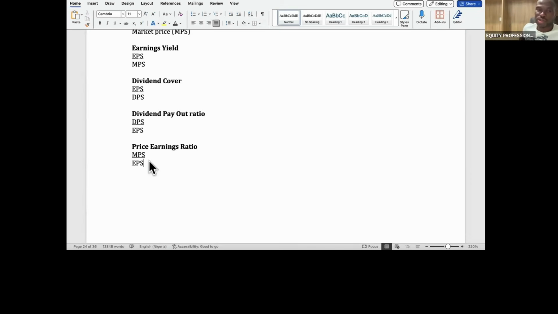But because of the model they're operating, the market believes they will grow. Just like Flutterwave, our Nigerian company here, is worth well over $3 billion. A lot of our traditional banks are not even worth $1 billion.